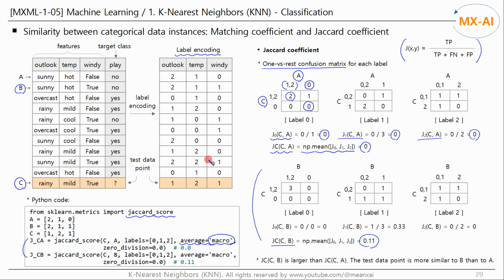For example, if your data contains a lot of label 2, you will have more instances that are similar to the test data point, because they are more likely to match the label 2 of the test data point. To solve this problem, you need to consider the frequency of occurrence of each label. We'll look at this in the next video.